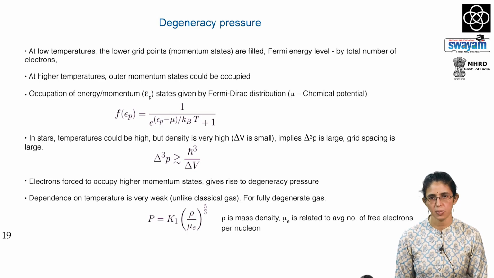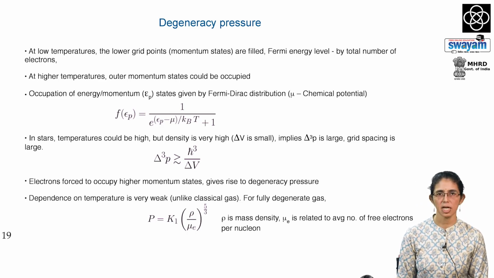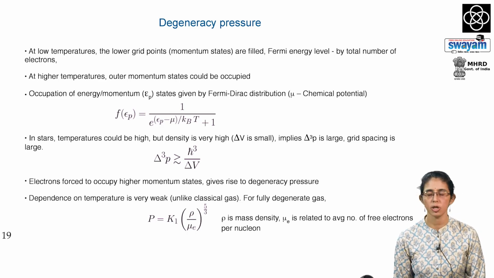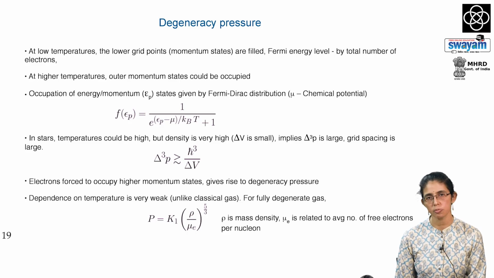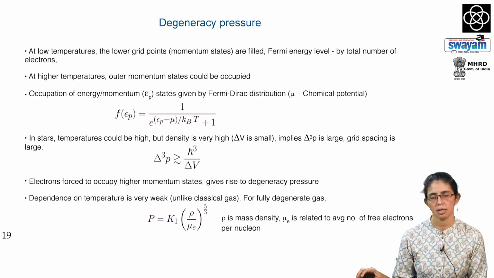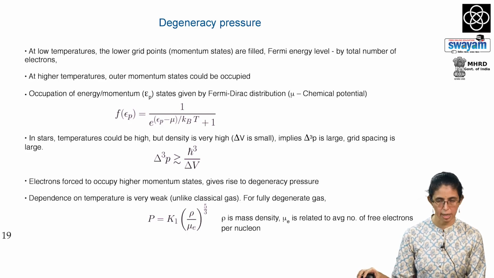mu e power 5/3. Here mu e is related to the average number of free electrons per nucleon. So, in a system which is fully ionized, for example, a hydrogen plasma, mu e would be roughly 5, but this number changes for a system which is made up of helium nuclei and electrons.